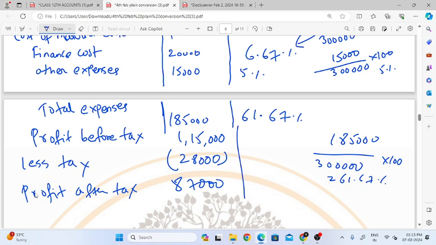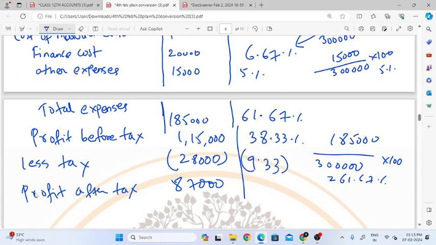So these are also the same: profit before tax 1,15,000 divided by 3 lakh multiplied by 100, 38.33. Then less income tax divided by 3 lakh multiplied by 100, 9.33.